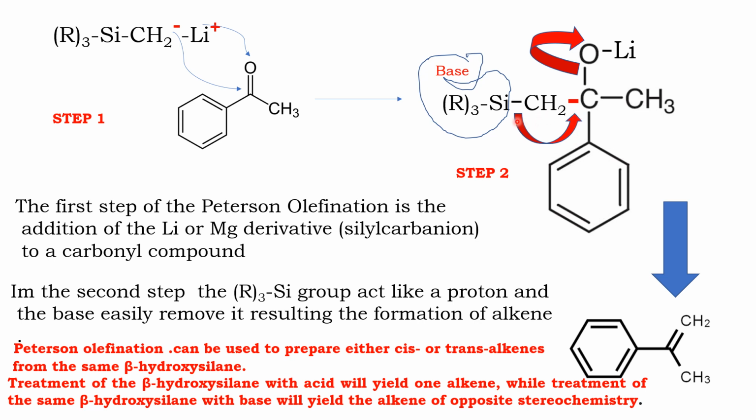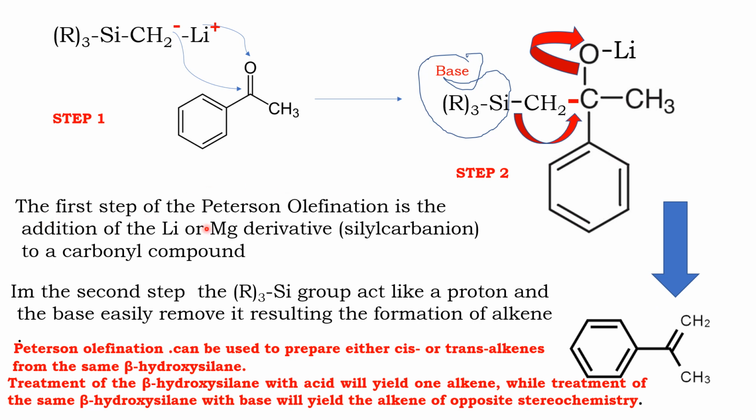See here, the arrow mark, draw it carefully. Now what will happen? The carbon-oxygen bond will shift towards here, so that a carbon double bond carbon is established. This is the alkene, resulting in the formation of the alkene molecule.